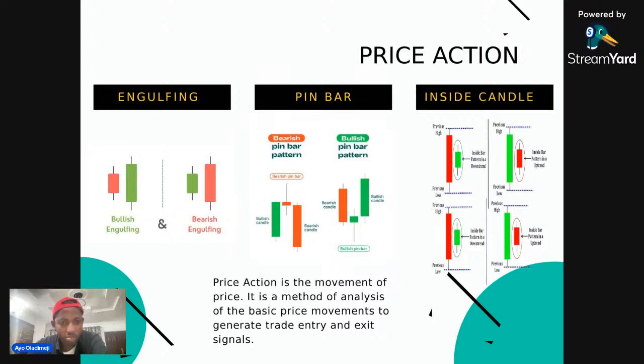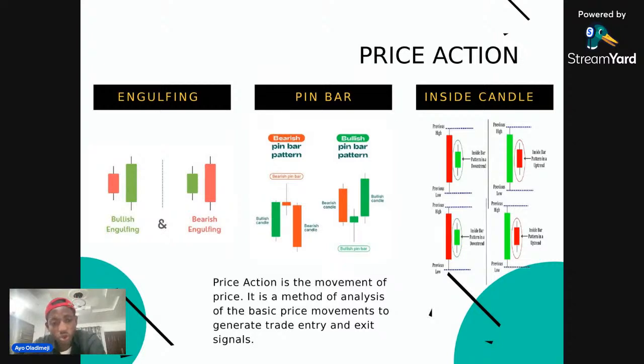Now, first of all, let me explain to you what price action is. The movement of price, and it's a method of analysis of basic price movement to generate trade entry and exit signals. Price action is the movement of price.